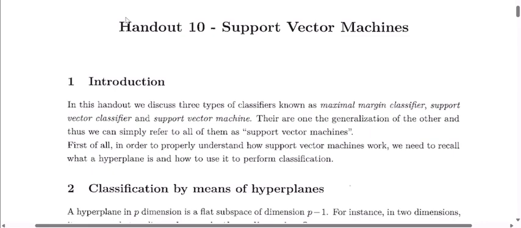We've gone all the way to what I call linear discriminant analysis. We've talked about quadratic discriminant analysis. So today we want to focus on support vector machines.